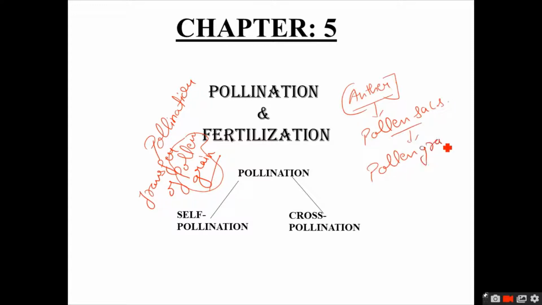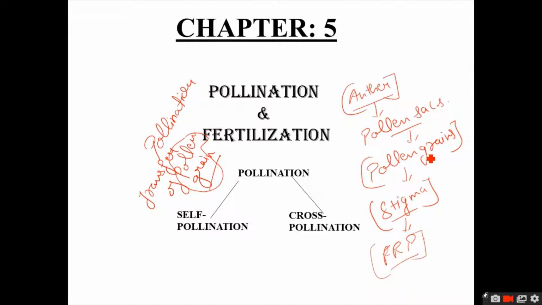These pollen grains are to be transferred over the stigma. Stigma is the female reproductive part of the flower. So the transfer of these pollen grains present within the anther towards the stigma is known as pollination. This is a very basic definition of pollination.